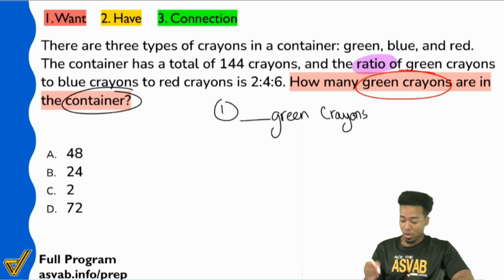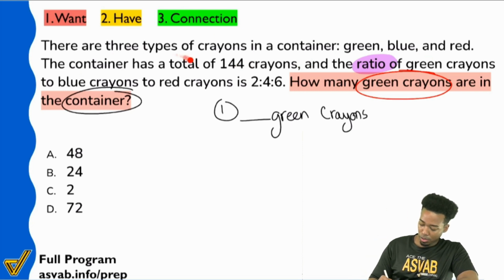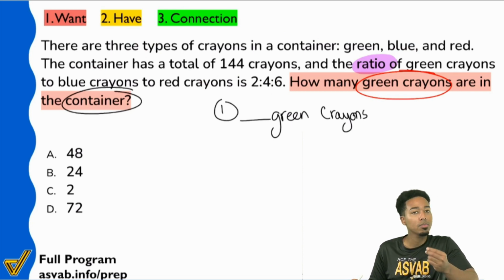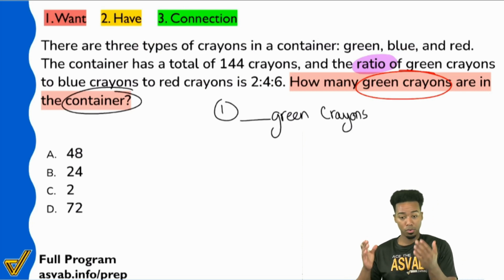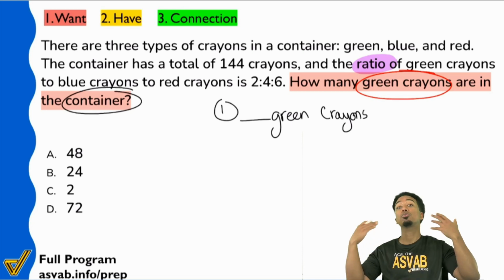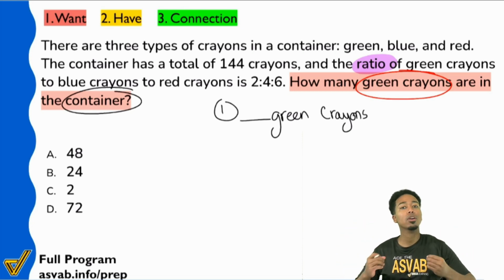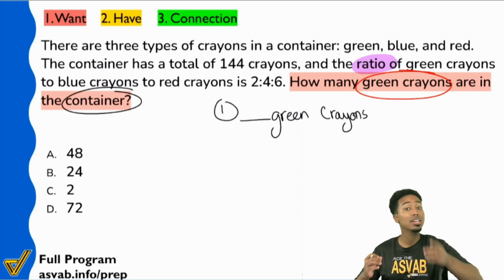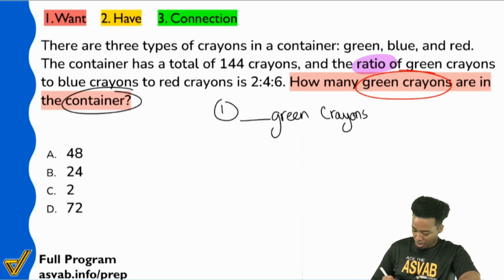And the ratio of green to blue to red crayons is 2 to 4 to 6. But right there, the word ratio tells you that this is going to be a proportion problem. They give you the ratio of green to blue to red, and now they're having you find the actual number of green. Comparing the same things in the same way is what we notice. This is absolutely going to be a proportion problem.